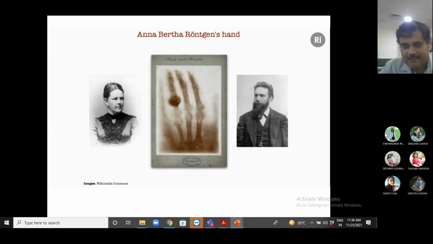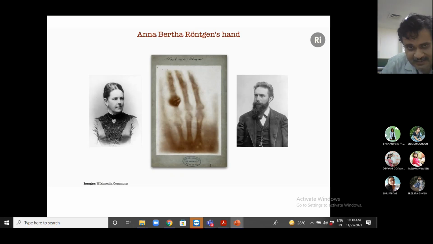So now we are coming to X-ray, and this photograph I think we have shown you in your basic biophysics class. William Röntgen was studying X-rays, and he found that when he was using the cathode ray tube for generating X-rays, the photographic film was getting exposed, but the source of the light he was unable to detect.